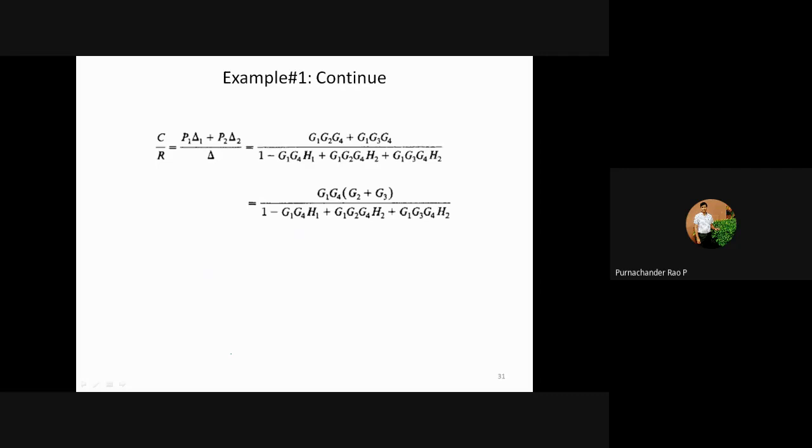And therefore, your transfer function is going to be C by R equals P1 delta 1 plus P2 delta 2 by delta. So this is the original transfer function, just substituting all the values. Is it clear?